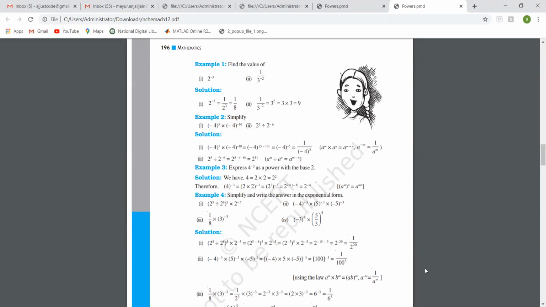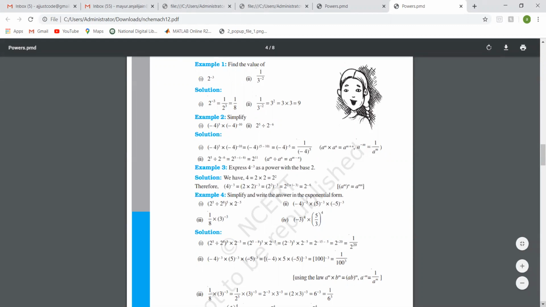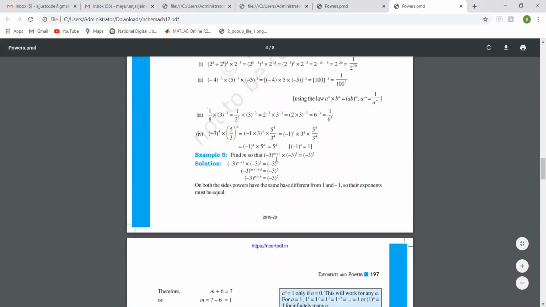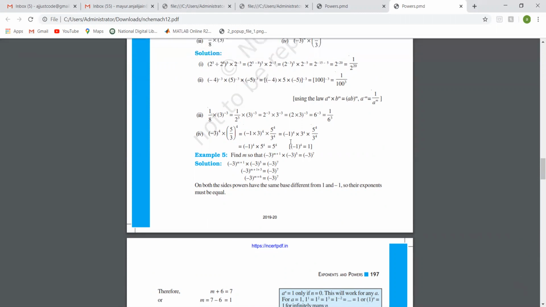So you all will see these questions. And see this question: (minus 3) raised to the power m plus 1 into (minus 3) raised to the power 5 is equal to (minus 3) raised to the power 7. Now see both sides, on the right hand side and left hand side, your bases are the same.